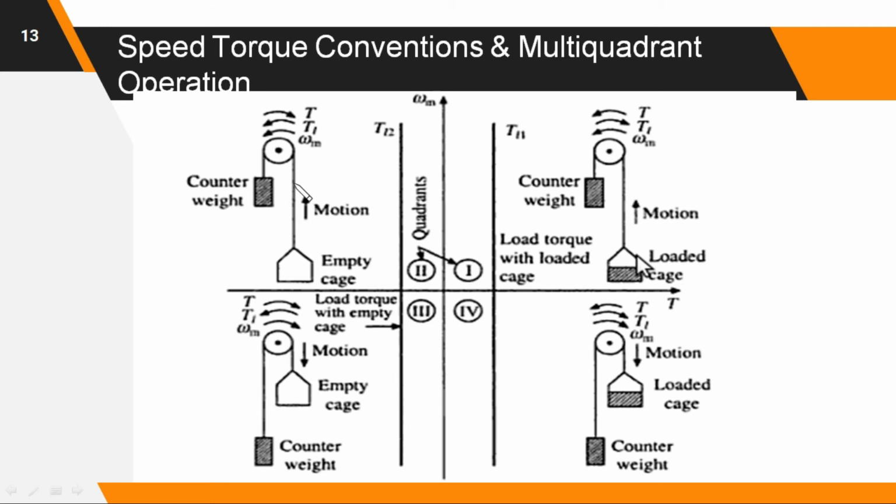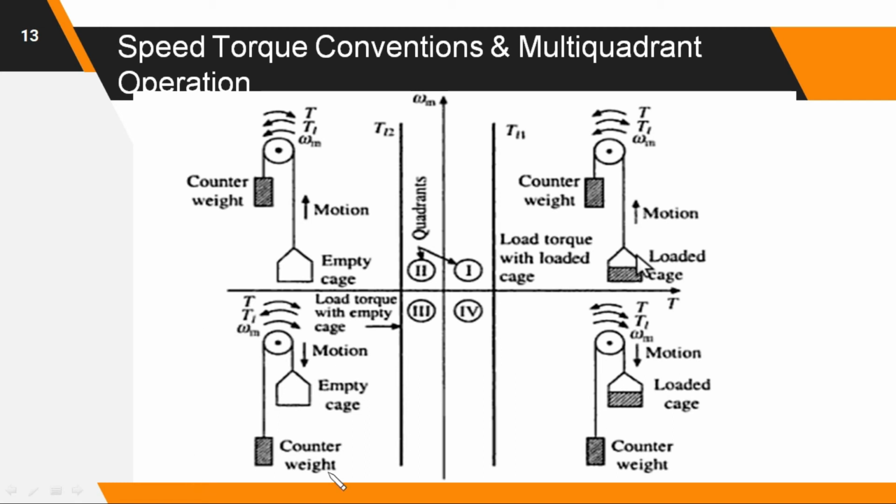So the motor now acts as a brake, that is, it acts as a generator. Here it is generating a torque which is opposite to the motion. The lift is already going up, but the motor will oppose the motion and create its own torque opposite to the motion. Understood?